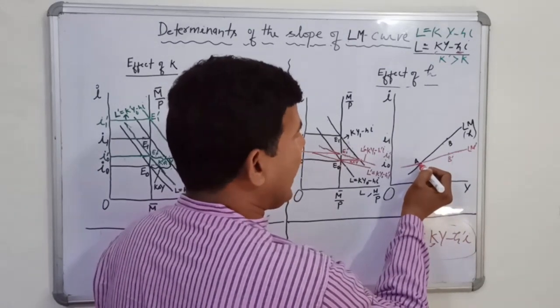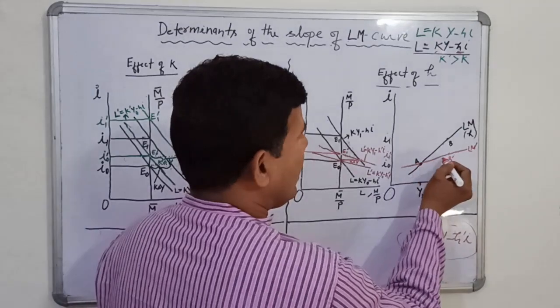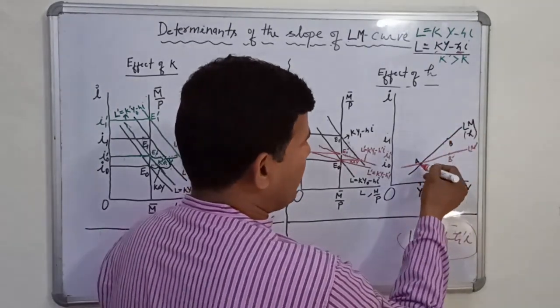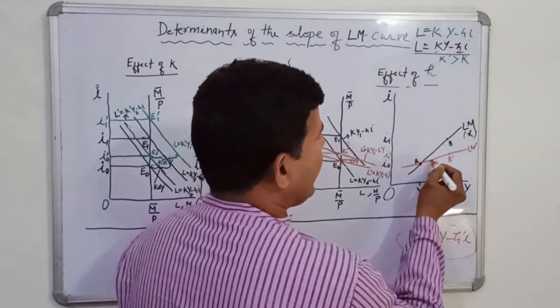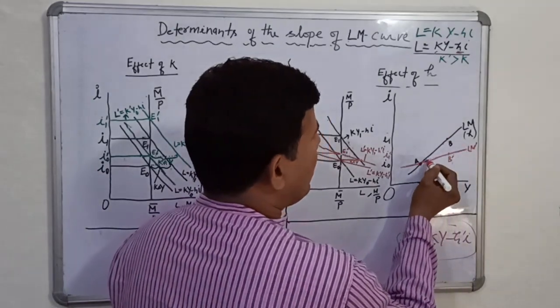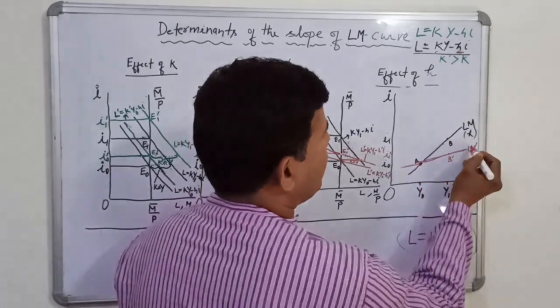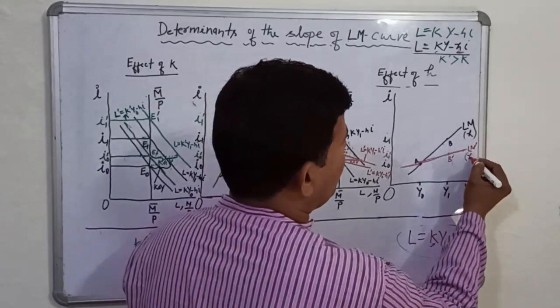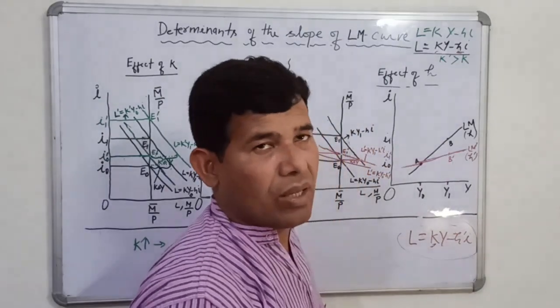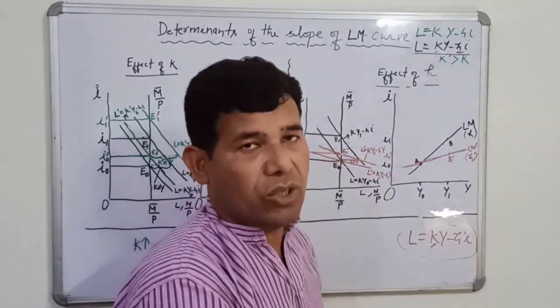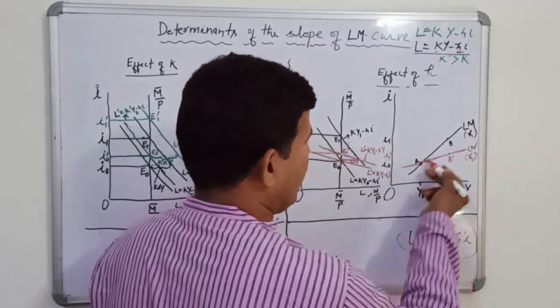If we join A and B prime, the way we did the previous LM curve by joining A and B, here also we join A and B prime, we get the new LM curve, which is represented by LM prime corresponding to H prime, which is the sensitivity of money demand to change in interest rate, right.